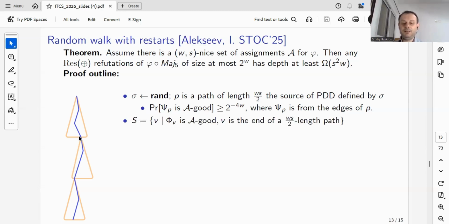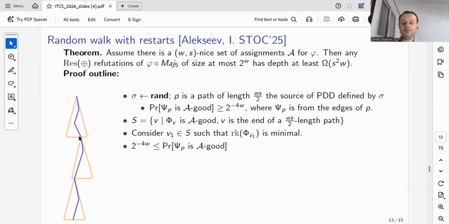Let S be the set of nodes V that are ends of paths of length WS over 2 from the source such that the linear systems in those nodes are A-good. Let V1 be a node from S such that the rank of phi V1 is minimal.